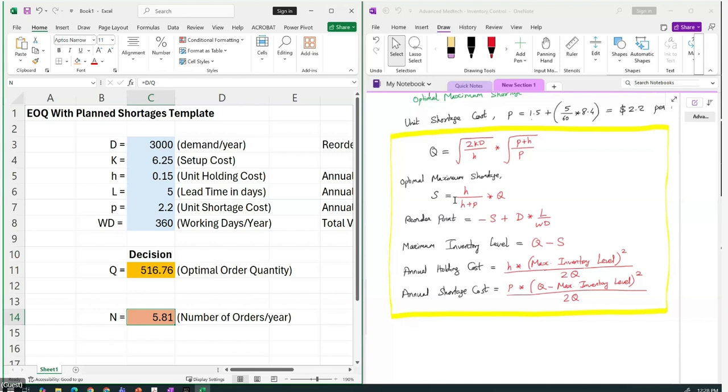Now, what is the next thing that I have to add? Yes. What is this yes? It is the optimal maximum shortage that I can allow. I'll name it as capital S.